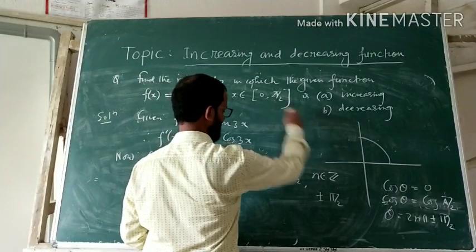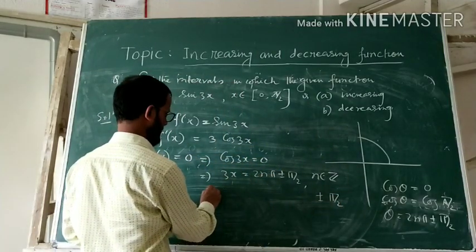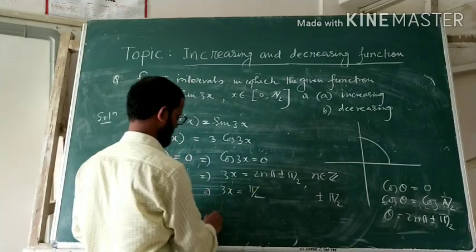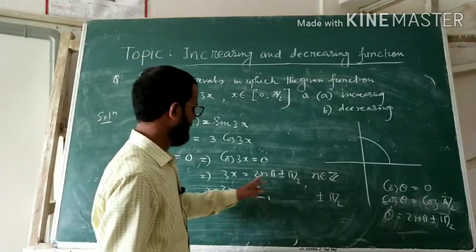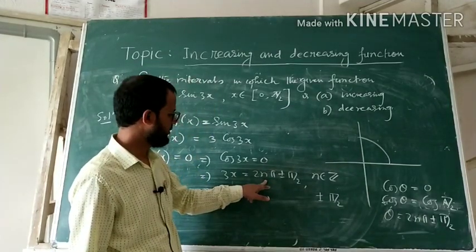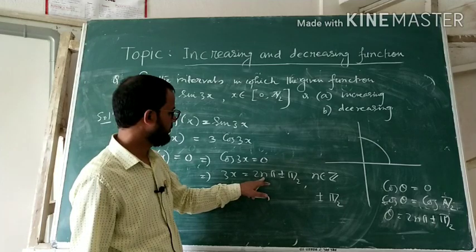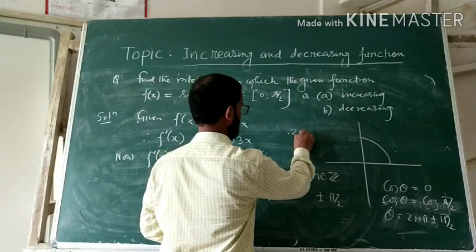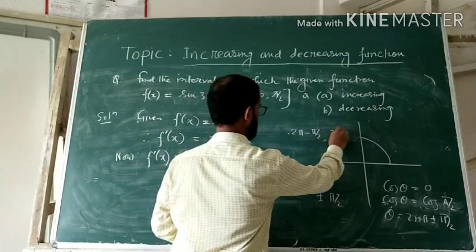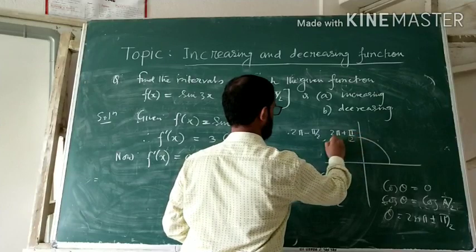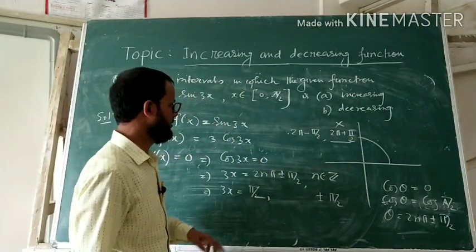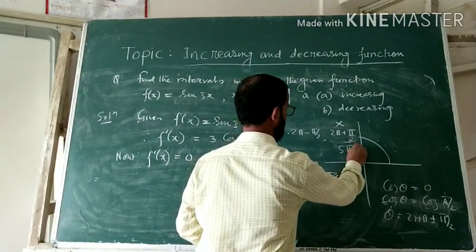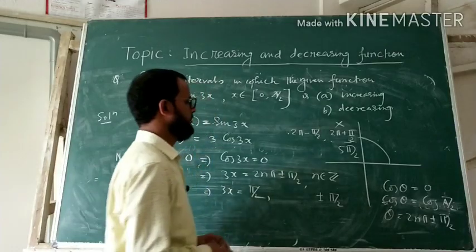Since pi by 2 is included here, one solution is 3x equal to pi by 2. And again if you put n equal to 1, then it becomes 2 pi plus pi by 2. So that will be rejected, because ultimately it becomes 5 pi by 2, and x becomes 5 pi by 6.